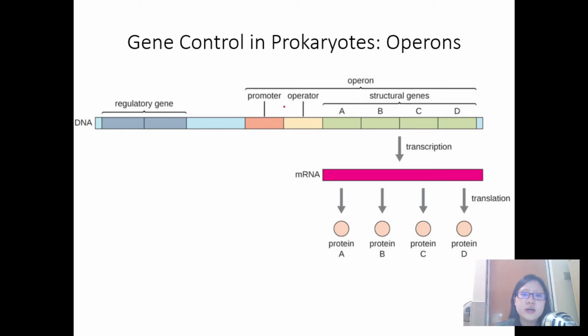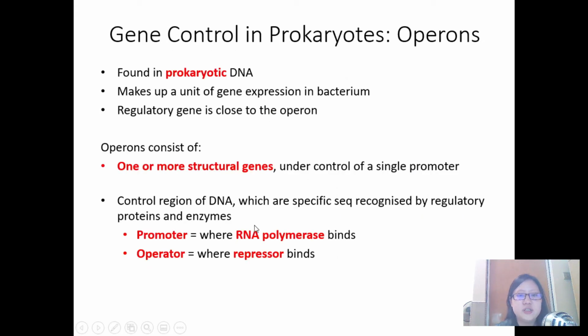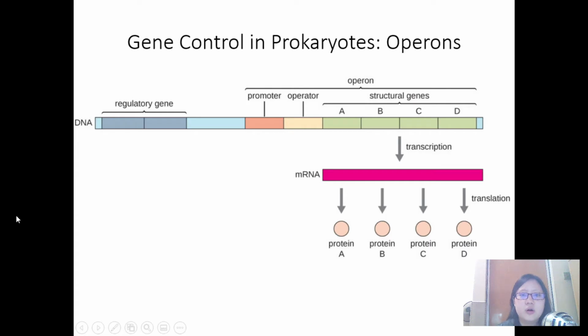This operon also has control regions of DNA called the promoter and operator. Just a brief recap: the promoter is where the RNA polymerase binds, whereas the operator is usually where the repressor protein binds. So this is called an operon.